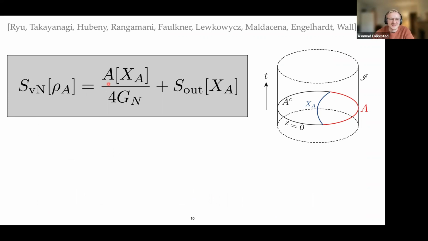Basically, it says that if you have some subregion A on a time slice in your conformal field theory, and you want to compute the von Neumann entropy of the reduced state on that region, then that's equal to the generalized entropy of a certain surface XA in the bulk, the quantum extremal surface, given by taking the area of that surface and including the entropy of the bulk quantum fields in the region between XA and A here.